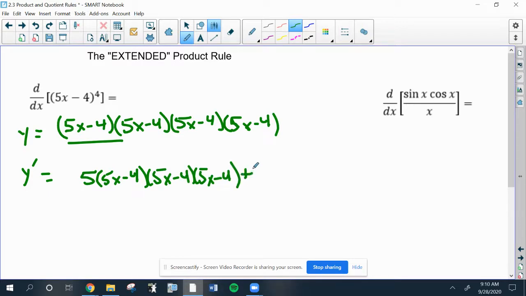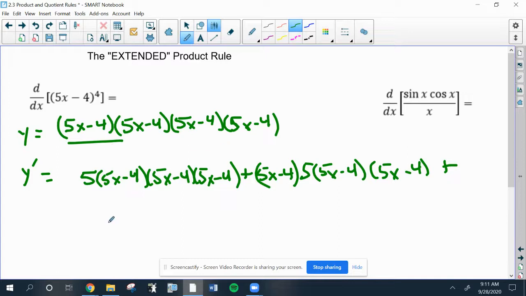Plus. Now you take the derivative second, leave the others alone. And you keep going however many times is required.